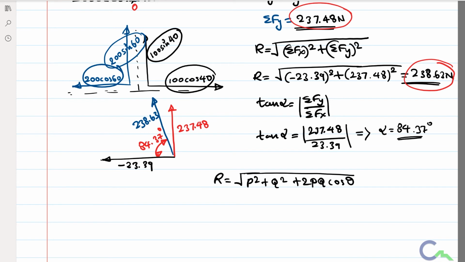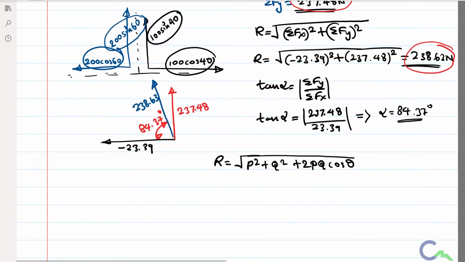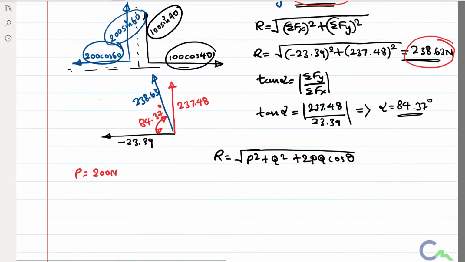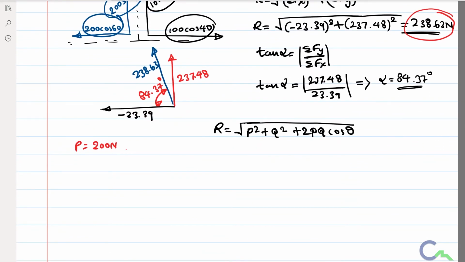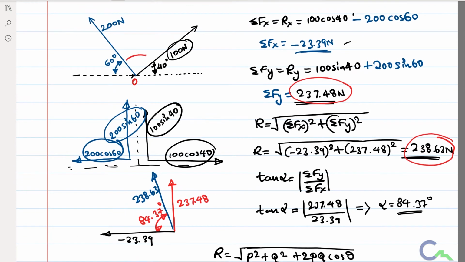So in this case, P I will take as 200 Newton. Q I will take as 100 Newton.